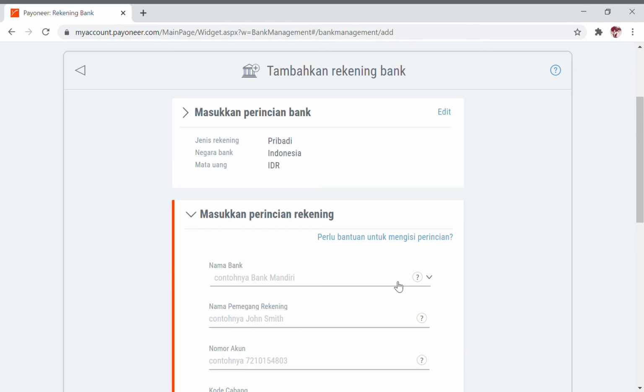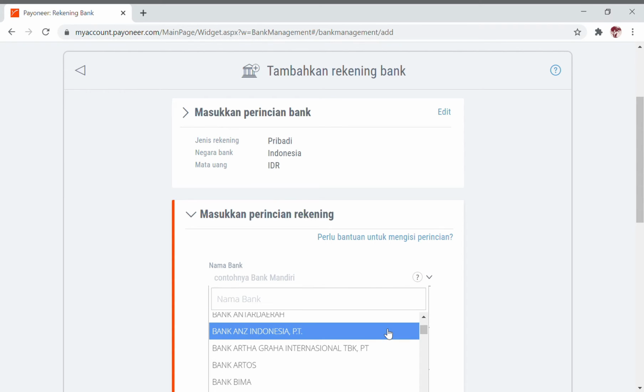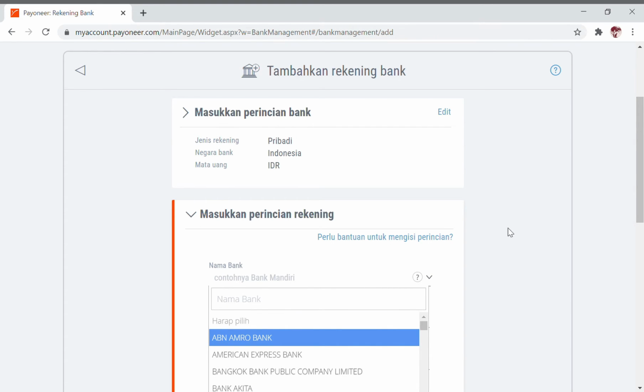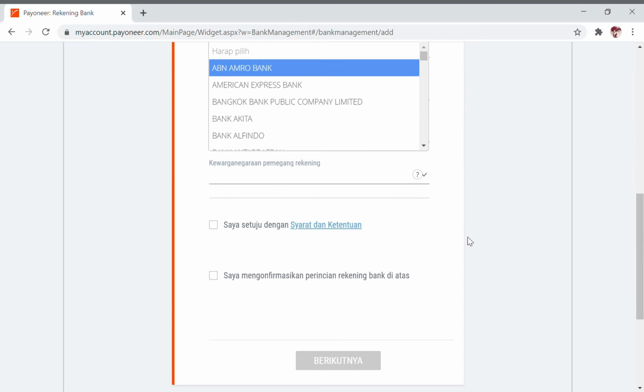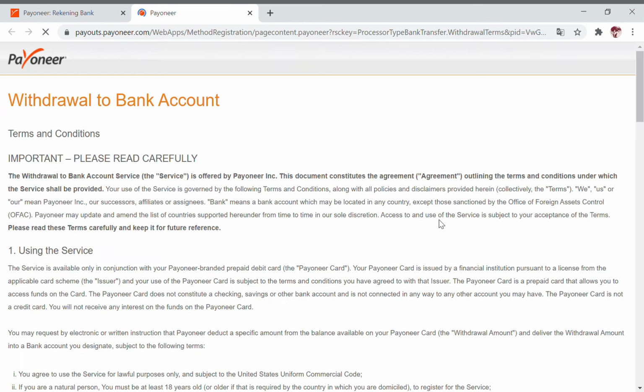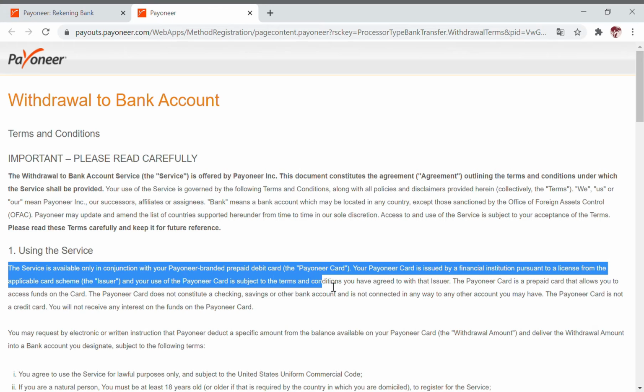So this is where you go, and when you click on that, you realize that there are some criteria that you need before you can withdraw money from your account. You basically have to use a Payoneer-branded prepaid credit card, the Payoneer card, to be able to withdraw money from your account.